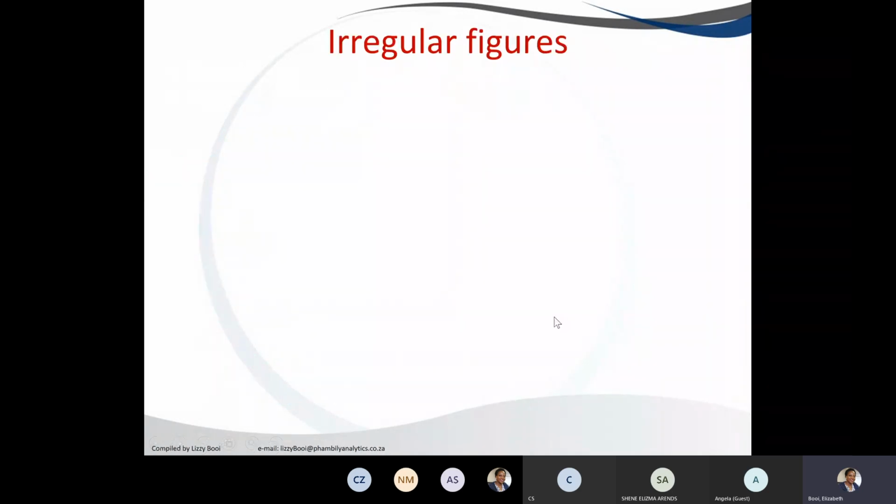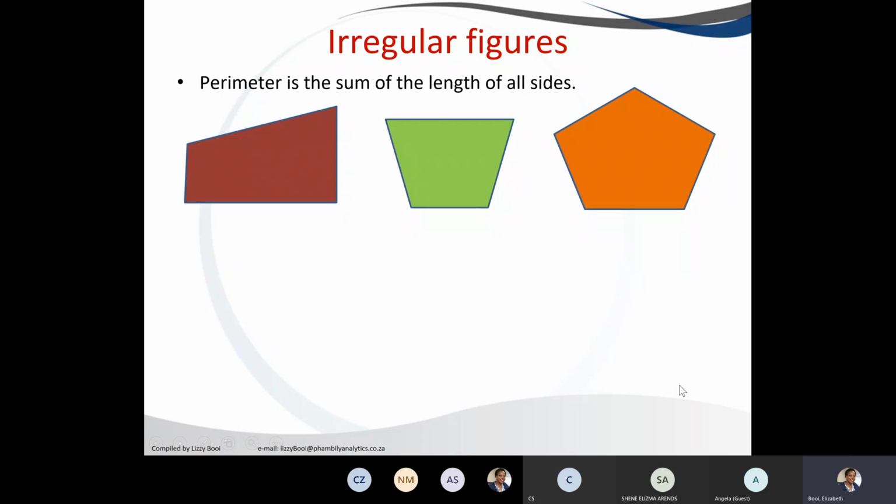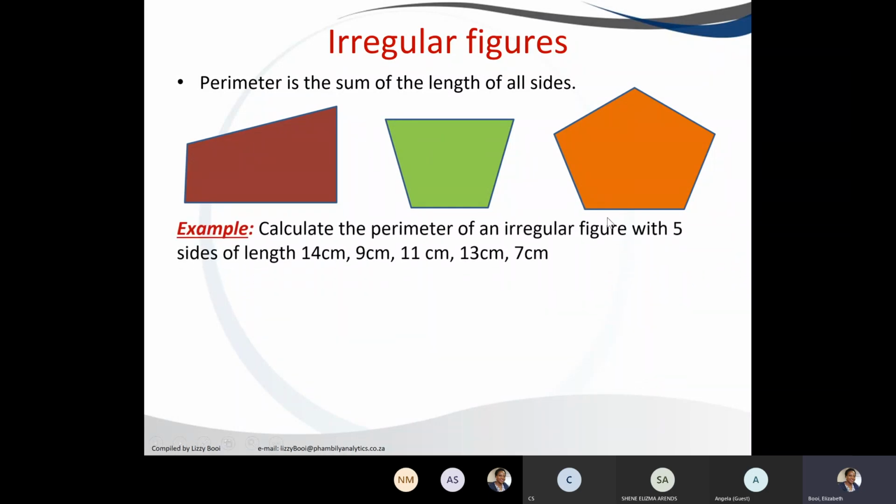Okay, so let's look at calculating the perimeter of an irregular shape. So let's say we want to calculate the perimeter of this shape that does not look exactly like the normal shape, like a rectangle, a square, or a triangle. So this will be the shape. It will look like this. So it's easy. We just add all the sides.